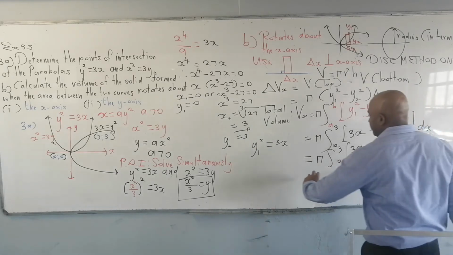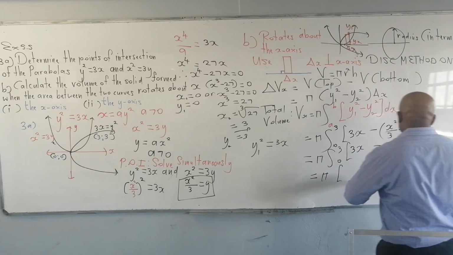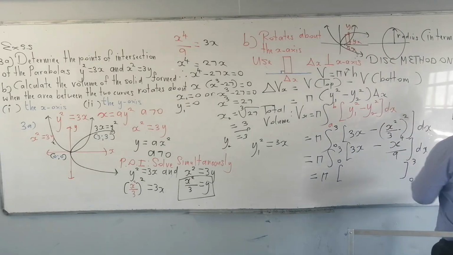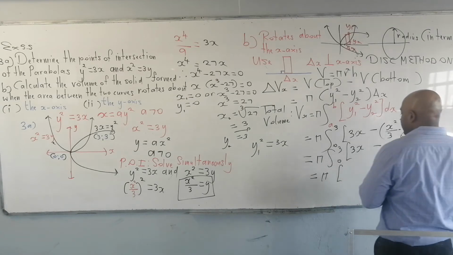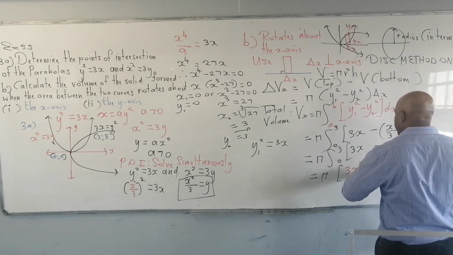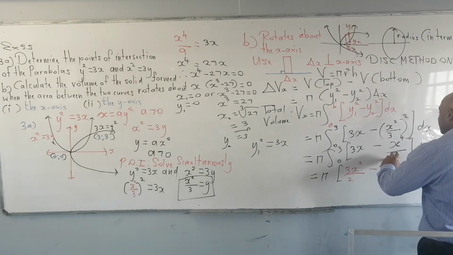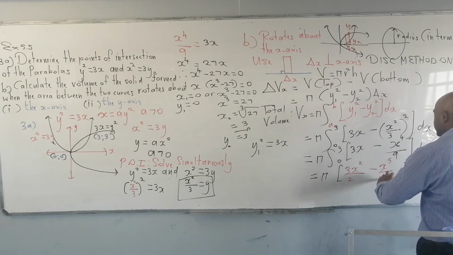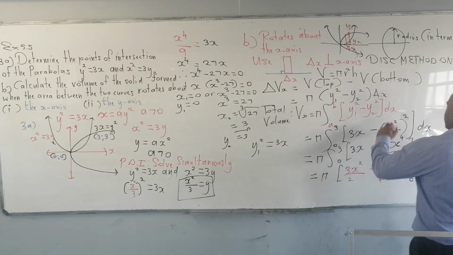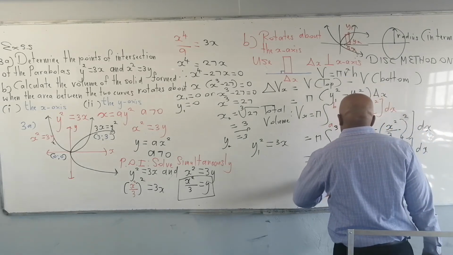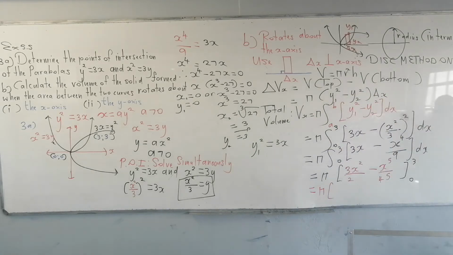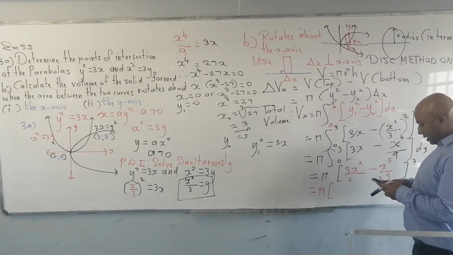Now we can integrate and substitute. Integrate 3x, and for x to the power 4, 4 plus 1 will be 5, over 5 times 9, which is 45. So now let's substitute our values and let's see what we get. That's 3 over 2 x squared minus 1 over 45 x to the power 5.